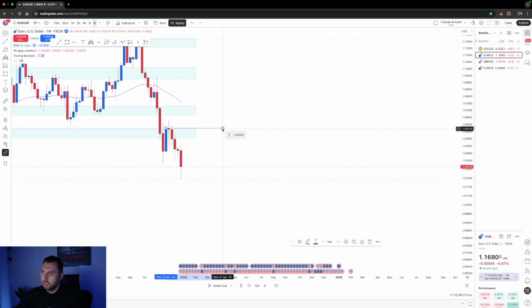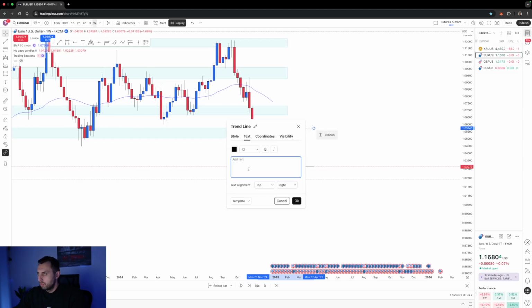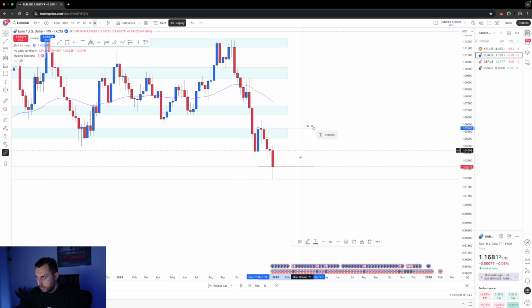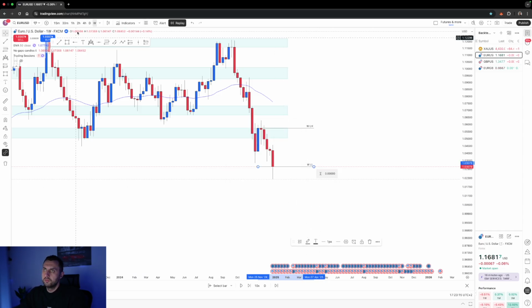This being the lower high on weekly, and this is the lower low on weekly. Let's also mark another lower high, and here the weekly lower low.